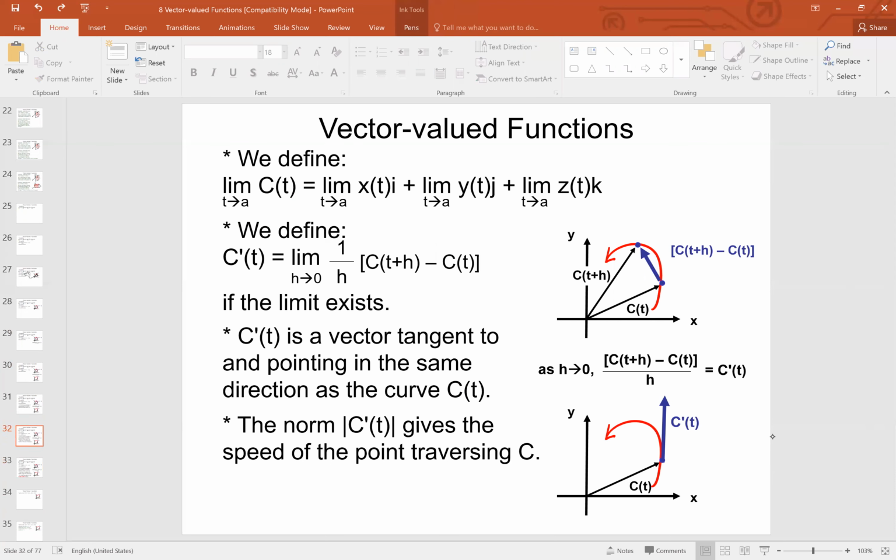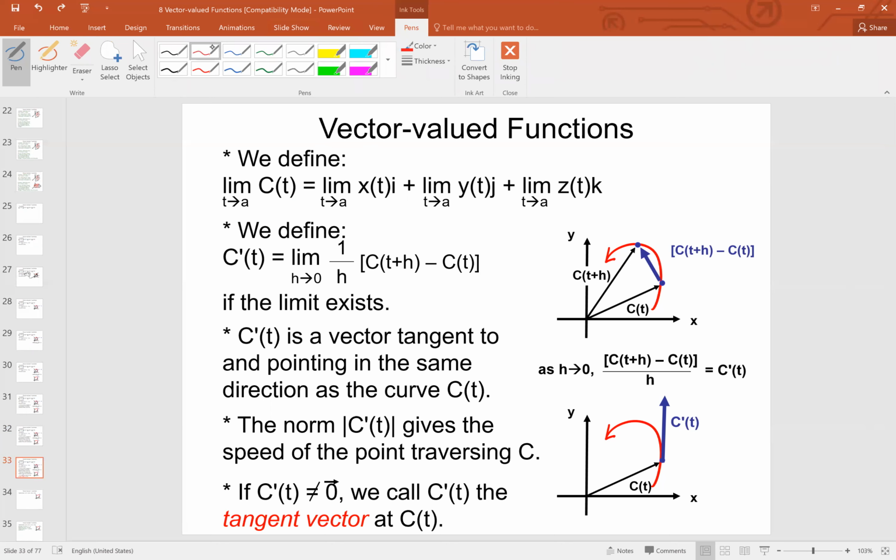And it has a certain length, and that length indicates the speed of the point as it travels along the curve. Hence, we say the tangent vector at a point is C prime.